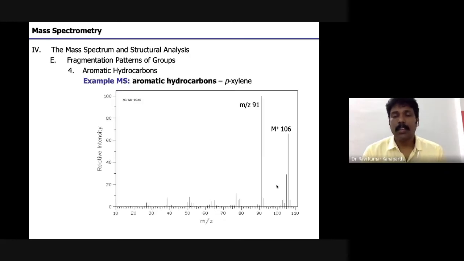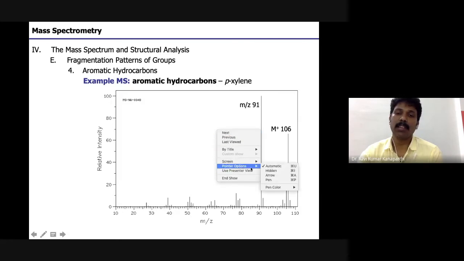Then there is an example of aromatic hydrocarbons, xylenes. Okay, xylene, paraxylene. Paraxylene has two methyl groups at the para positions, the 1,4 positions. Its molecular weight is 106, and as you can notice here, the loss of 15 is the difference between the base peak and the molecular ion peak.